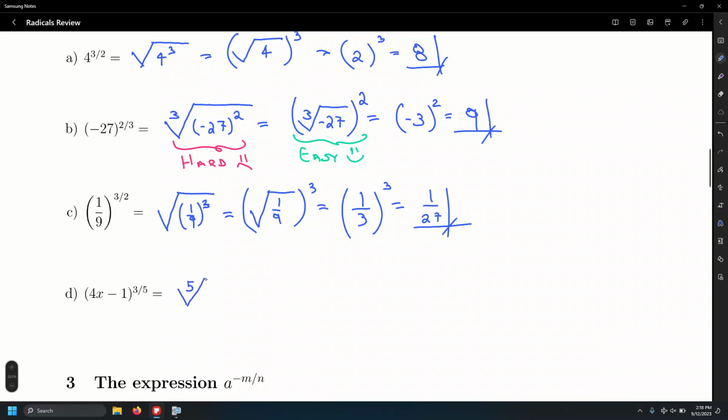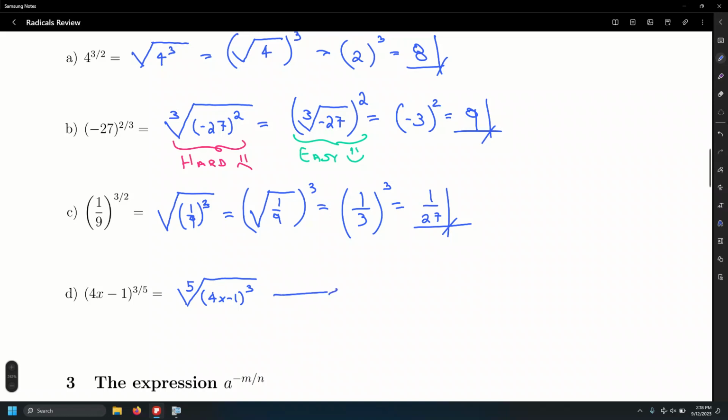That is the 5th root of the quantity 4x minus 1 to the 3rd power. When it comes to algebraic expressions, we usually keep the exponent inside of the radical. By the way, I mean the one that looks like the hard way. We're not going to compute anything right now. We're just rewriting the algebraic expression.